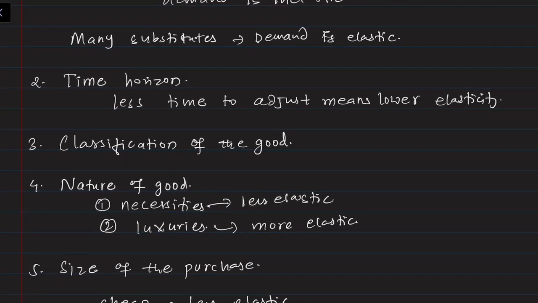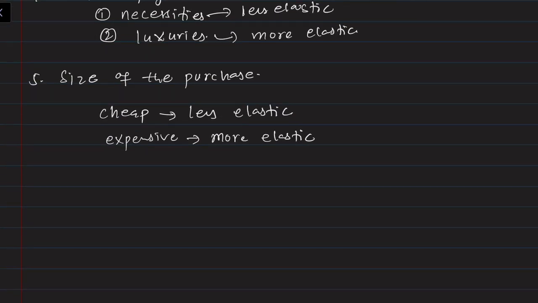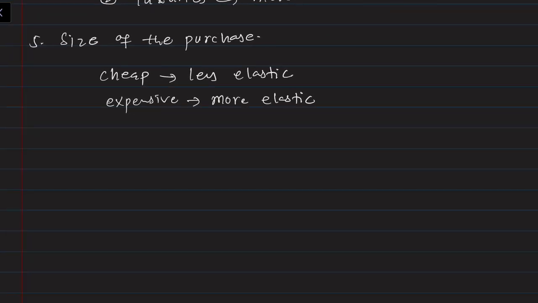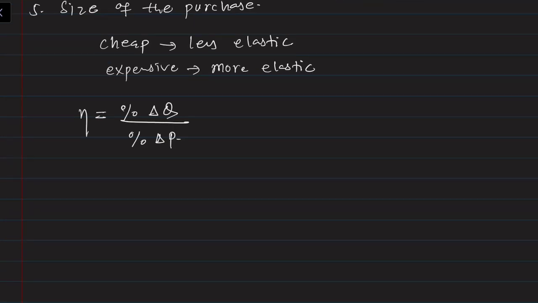All right. Now let's look at some mathematical definitions. So mathematically, we define elasticity as percentage change in quantity divided by percentage change in price. This is a very basic formula of elasticity. Let's look at a very trivial example of this.